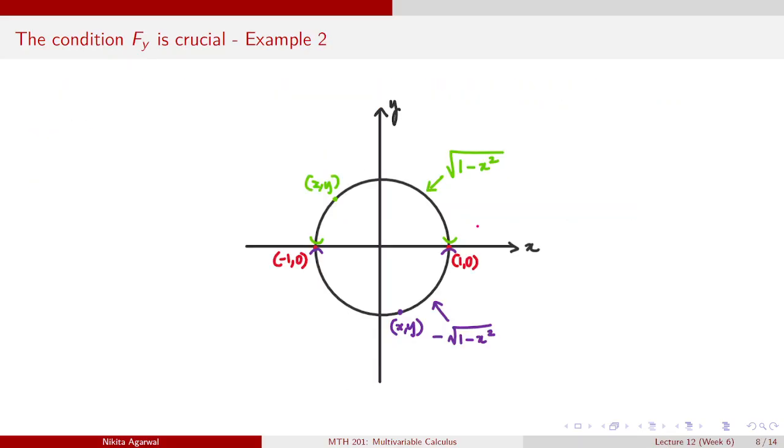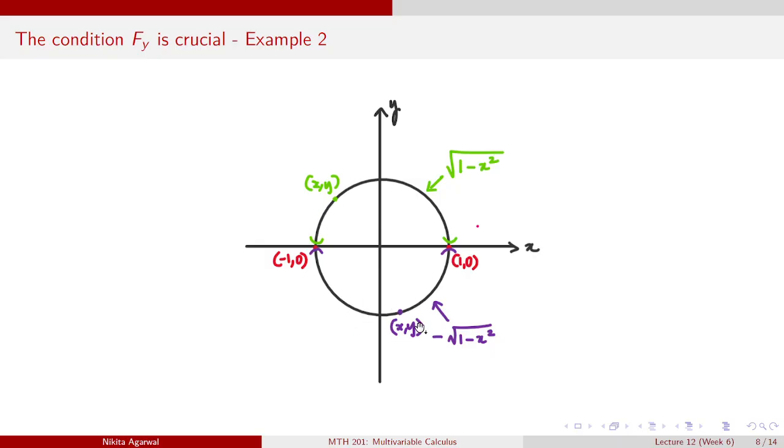All right. Let us look at another example. The condition F_y is crucial. So let us first try to understand this example through a picture. So you have this circle. This circle is a unit circle.